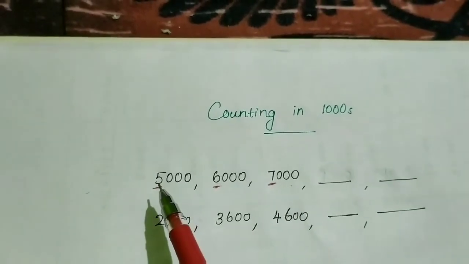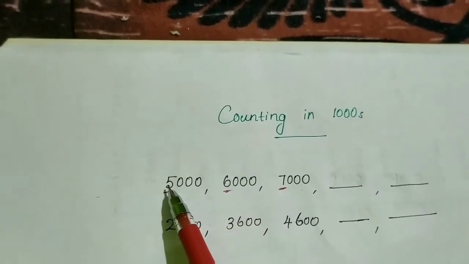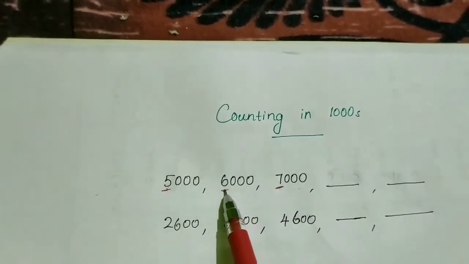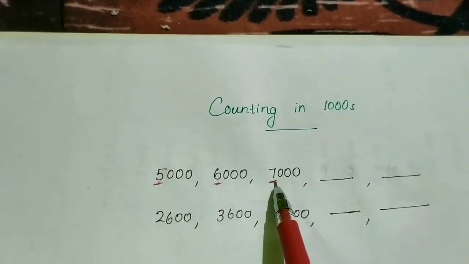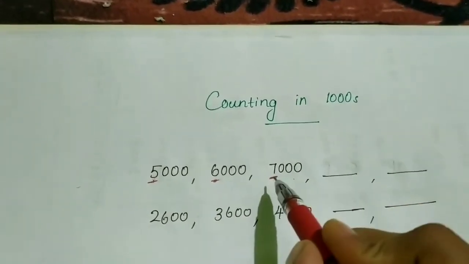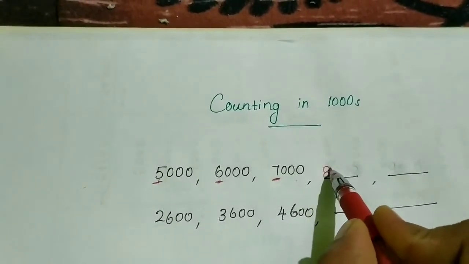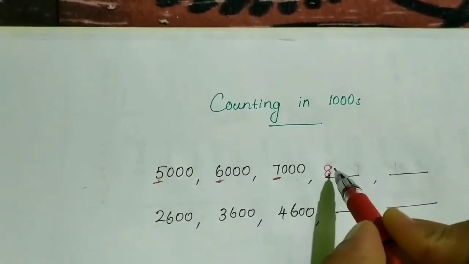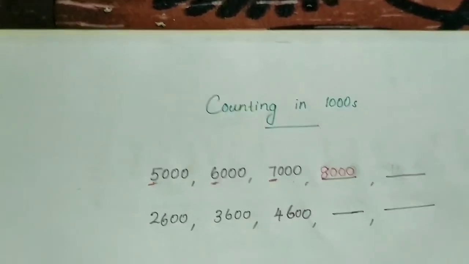Add 1 to the thousands place. Here 5 plus 1, 6. Then 6 plus 1, 7. Then we will get 7 plus 1, 8. And here is 8. Other three digits will remain the same. So we will get 8000.